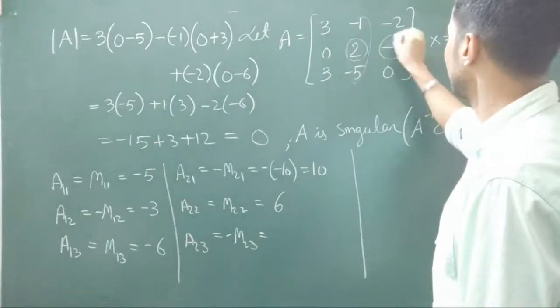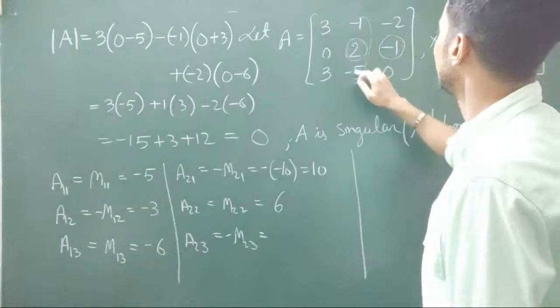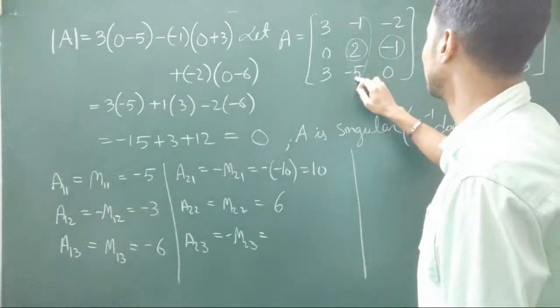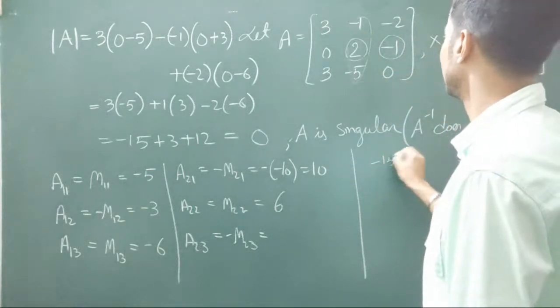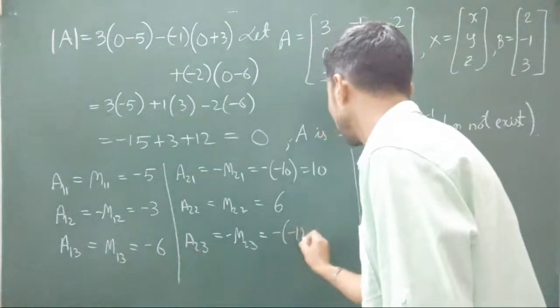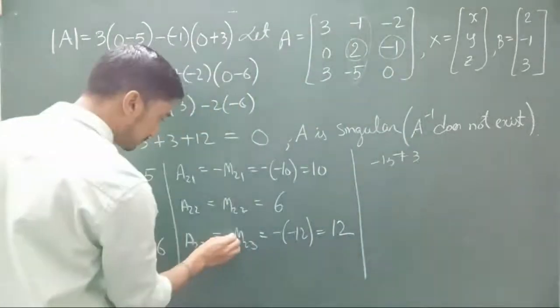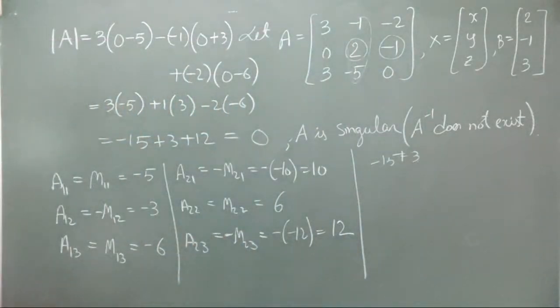And M23: you just remove this, 3 5s are 15, minus 15, minus minus plus 3, minus 12, minus of minus 12, that will be plus 12. You can check also.